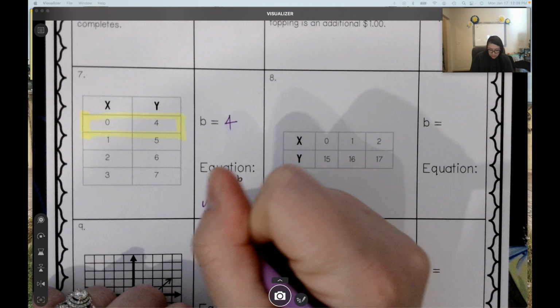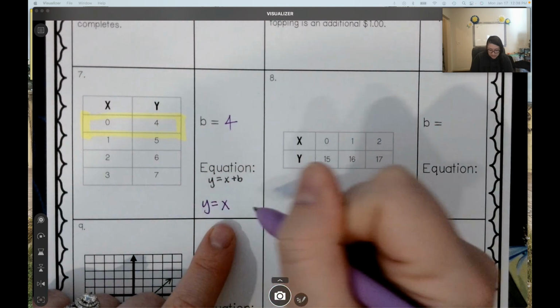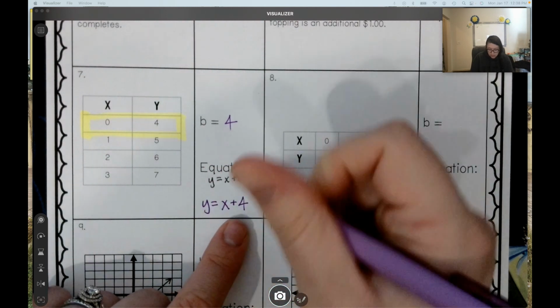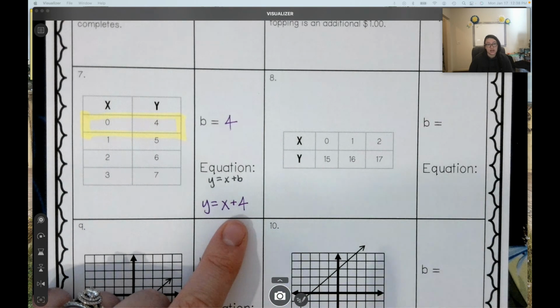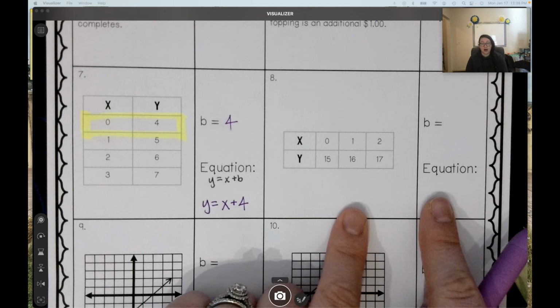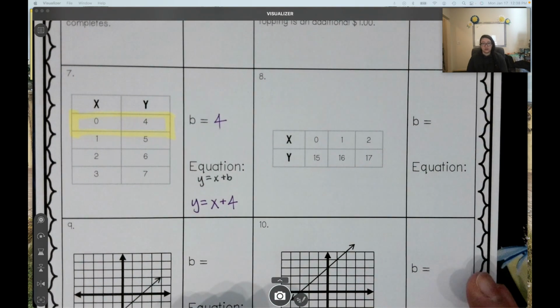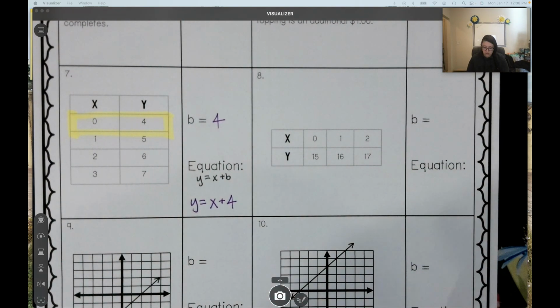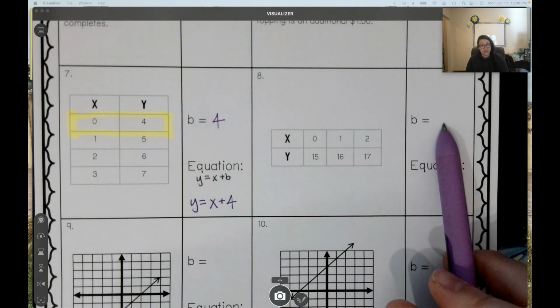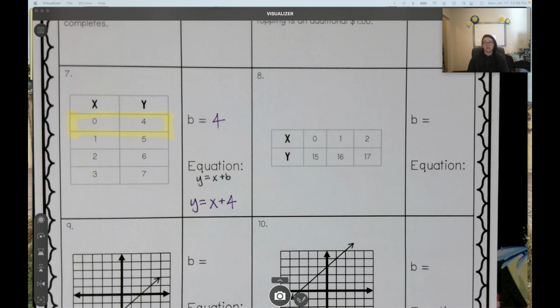So we would have y is equal to x plus 4. Go ahead, pause the video, try 8 on your own. Write out what is b and what equation you would get with that b.